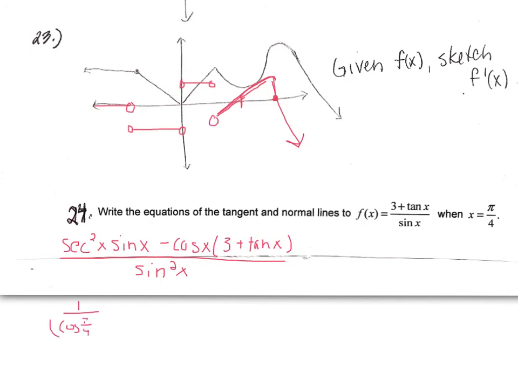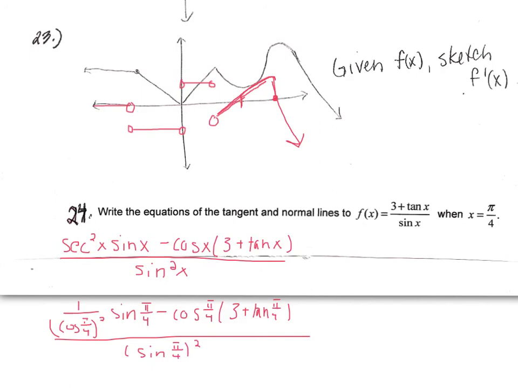So 1 over the cosine of pi over 4 squared times the sine of pi over 4, minus the cosine of pi over 4 times 3 plus the tangent of pi over 4, all over the sine of pi over 4 squared. Now we want to remember that the cosine and the sine of pi over 4 is root 2 over 2.